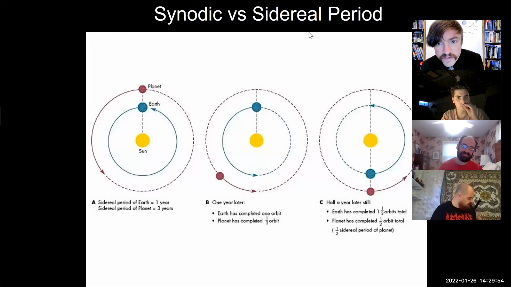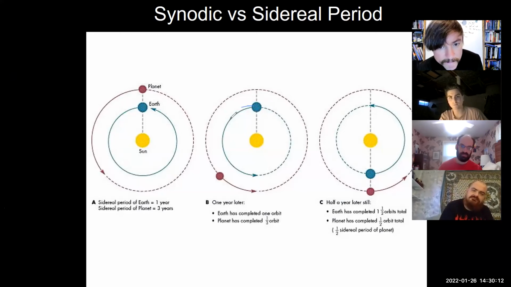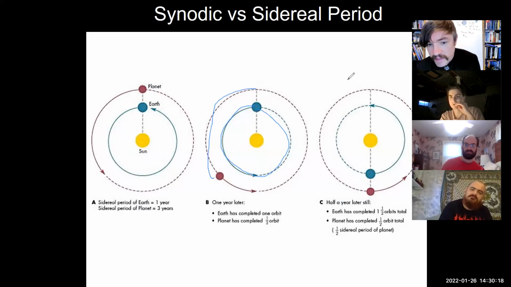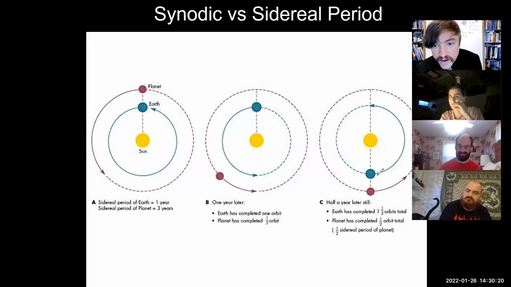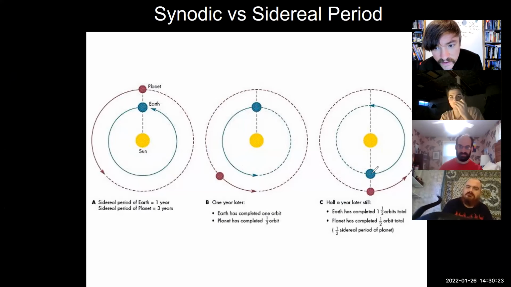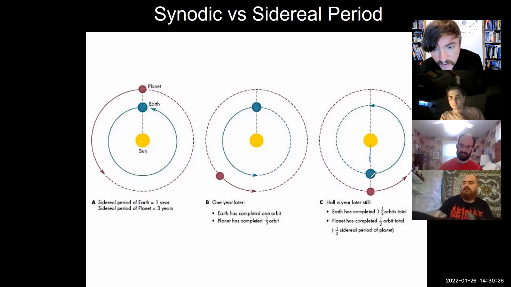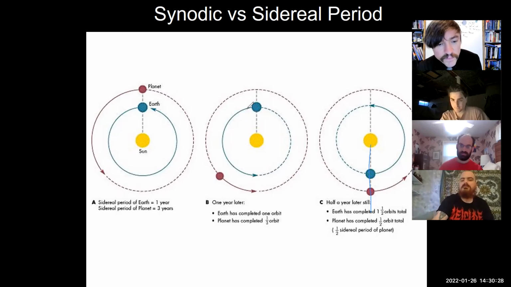The orbit of Earth, as you know, is exactly 1 year around the sun. The planet Mars has an orbital period of close to 2 years. In 1 year, Earth goes all the way around the sun, but Mars only goes about halfway through its orbit. Then Earth continues to travel for another half a year, and it will line up with Mars before Mars completes a full 360-degree orbit.